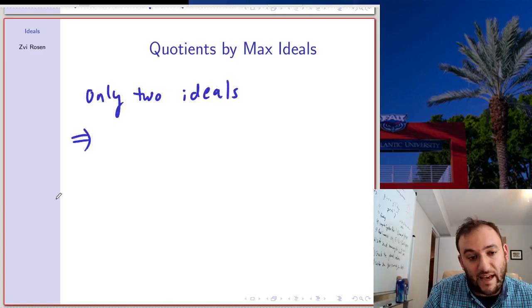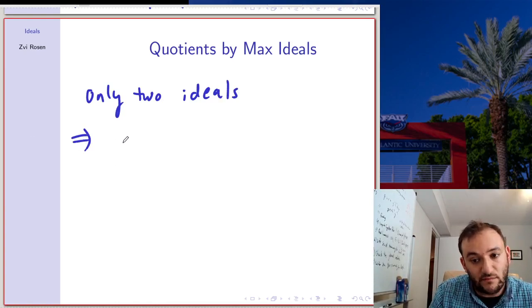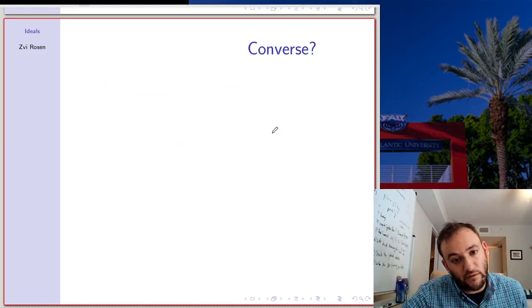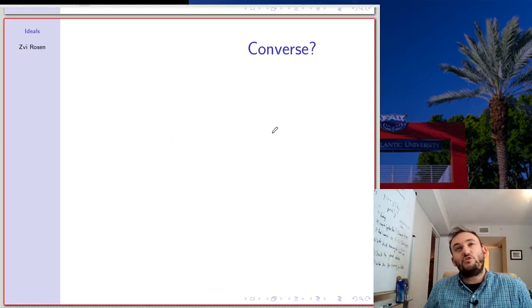And this means that it is a field, by what we just saw. Okay, what about the converse? So we just showed that if M is a maximal ideal, then R mod M is a field.